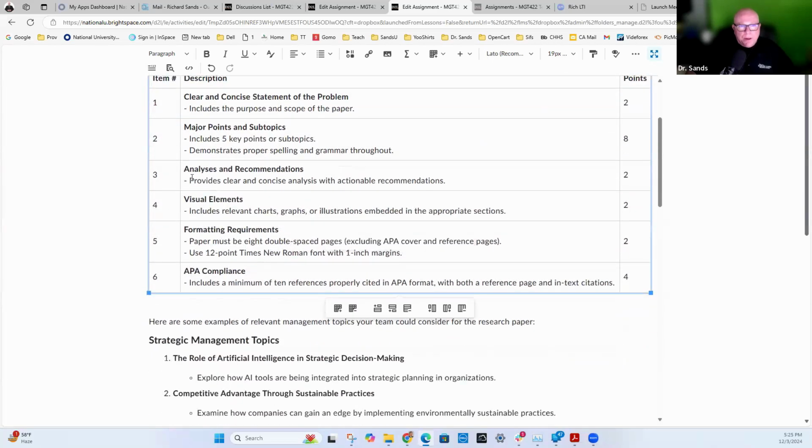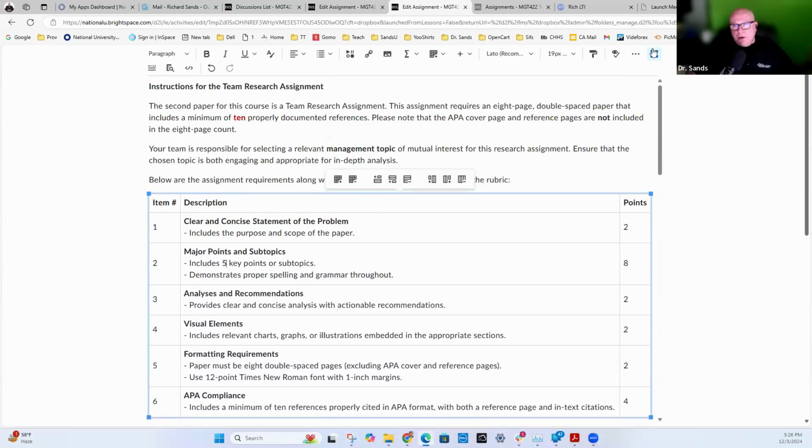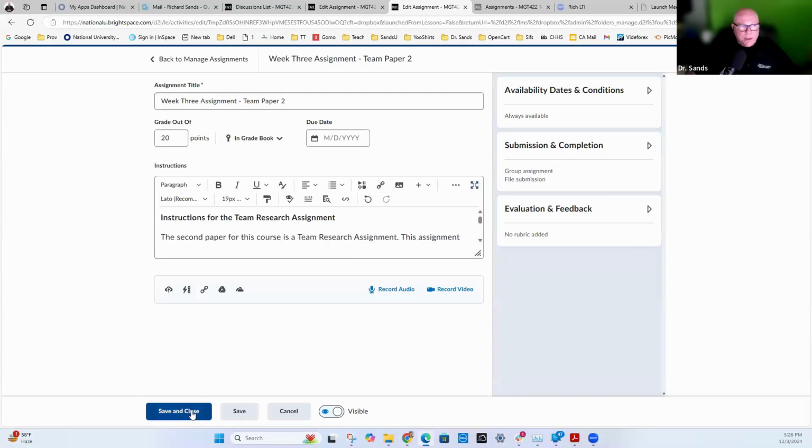Then analysis and recommendations: provide a clear and concise analysis with actionable recommendations. Then visual elements, formatting, and APA compliance. So that is a glimpse into what your week 3 assignment would look like.